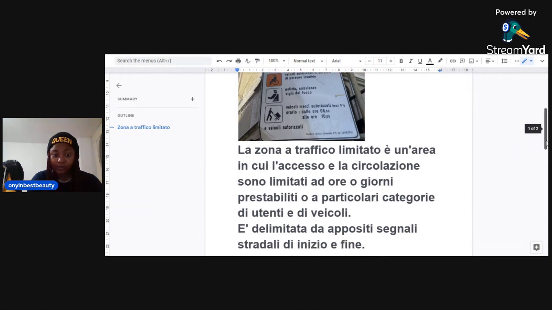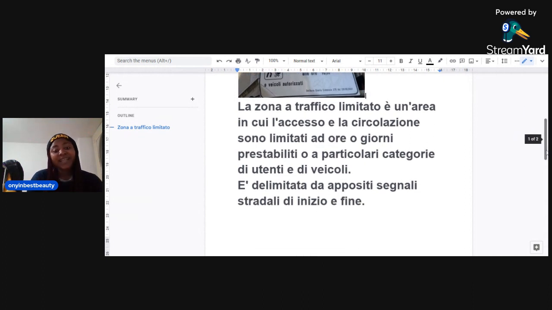Okay, guys. È delimitata da appositi segnali stradali di inizio e fine. It is provided with a signal that tells you the beginning of that limited area and the end.